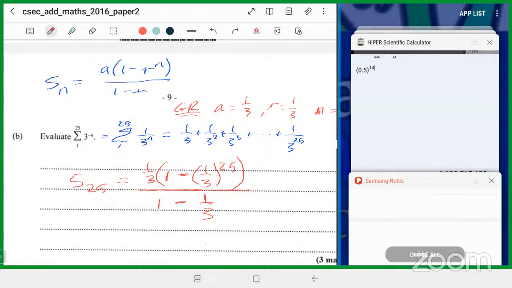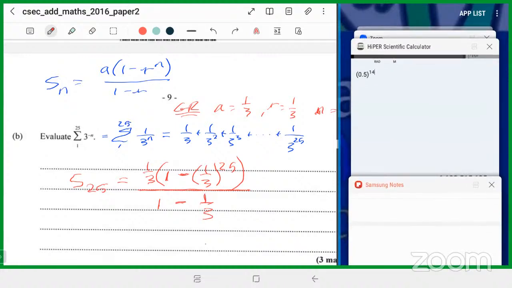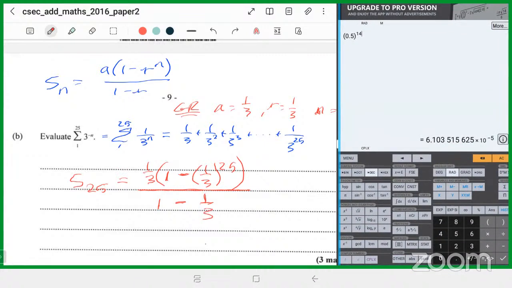Because a third raised to the power 25 might actually be a very small number, and it might be 0. Let's bracket this up: the third, close bracket, raised to the power 25. I just want to see what it is. A very small number, almost 0, so this answer is close to the sum to infinity.